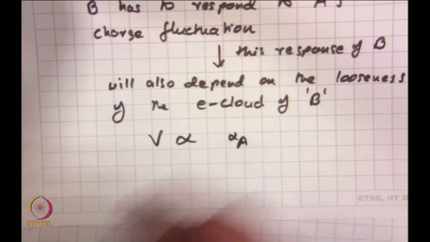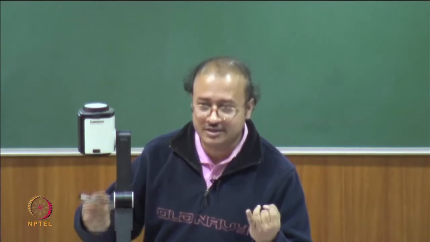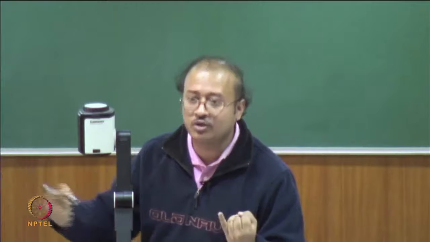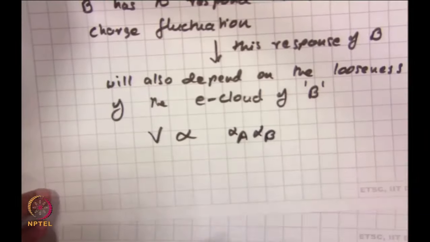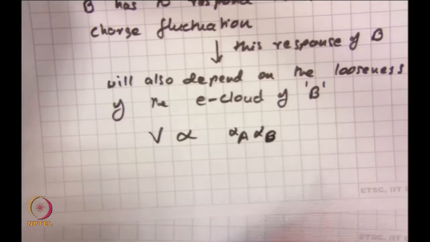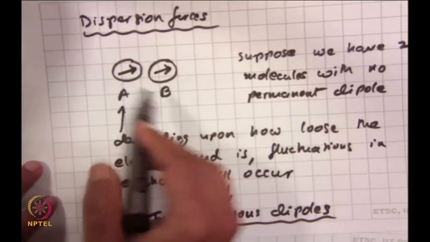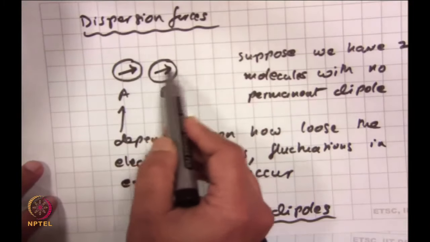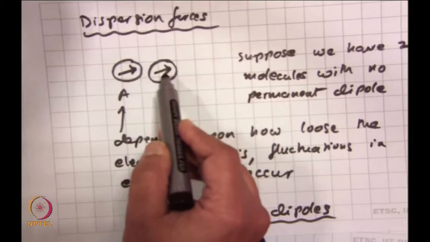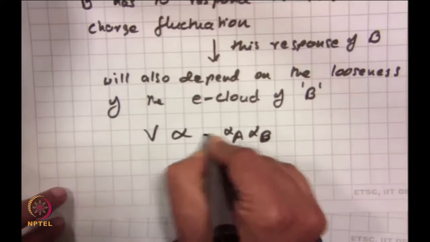Then, once I have the electron cloud which is already in an instantaneous dipole for A, I will have the polarizability of B coming in. So, it will have a B term, the polarizability of B. And remember, because this is an instantaneous dipole or induced dipole, if I have a dipole like this, the other dipole is induced such that it is always attractive, because I am inducing a dipole again, and hence I can straight away write that my potential energy of interaction is attractive.